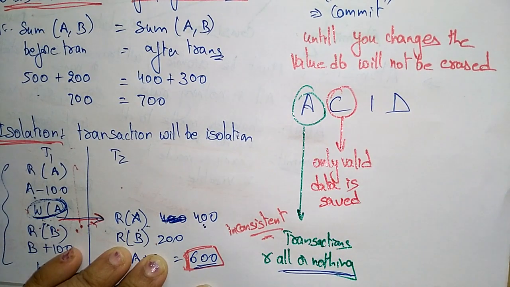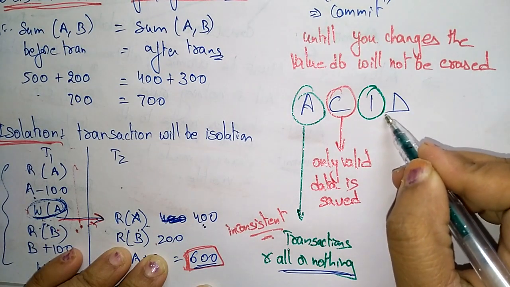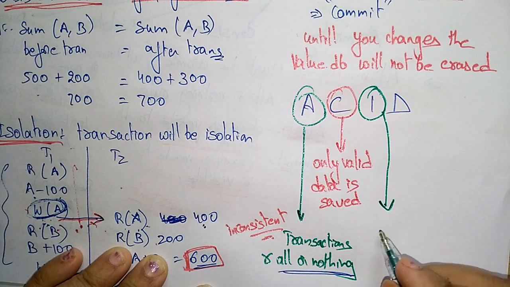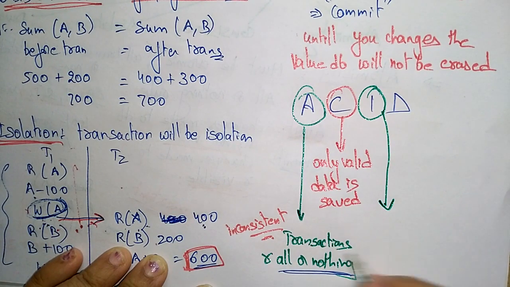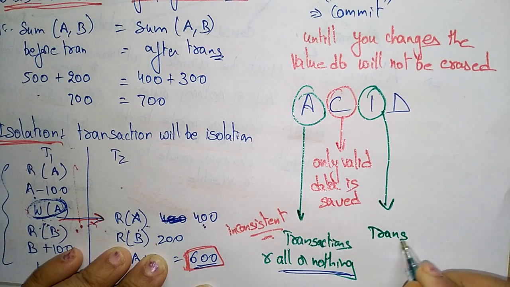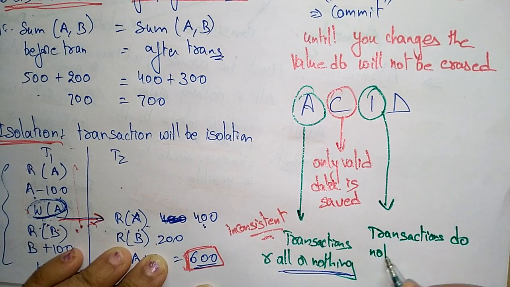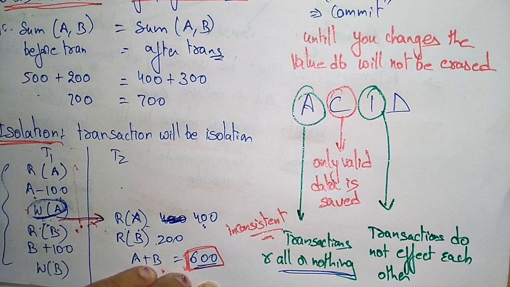Next is I, isolation. Transactions do not affect each other, so only after completion of one transaction can another transaction see those values.